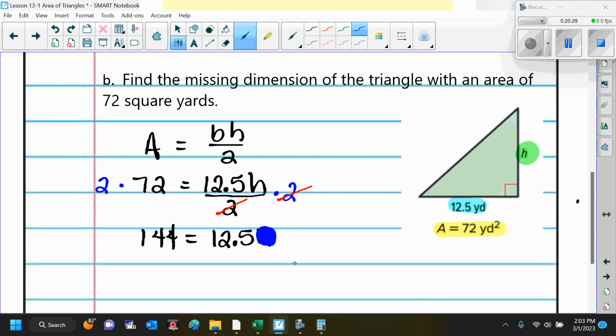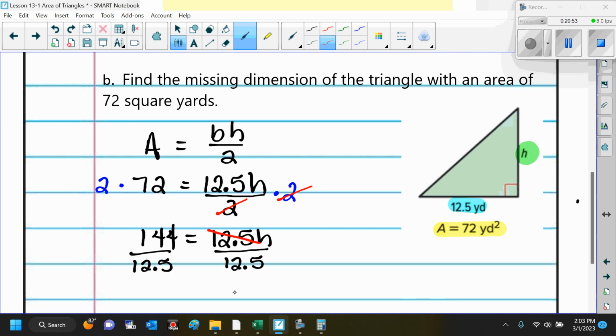So I'm going to cover that up. What do I want to get rid of? I want to get rid of the 12.5. Now because that says 12.5 times H, we want to divide by 12.5 on both sides.